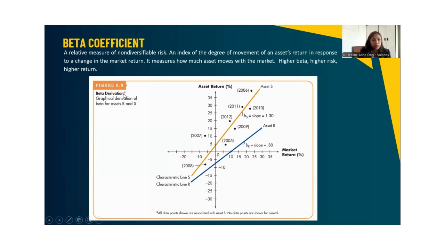Figure 8.8 shows the graphical derivation of beta for assets R and S. You can see here that the movement of asset S is greater than the movement of asset R. It means asset S has a higher beta than asset R.